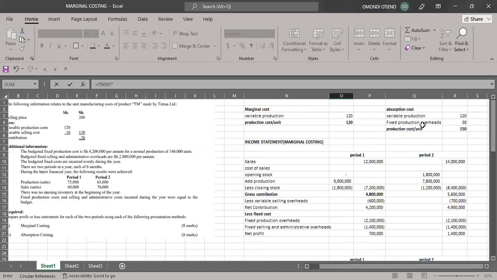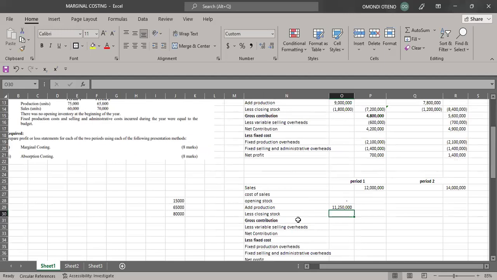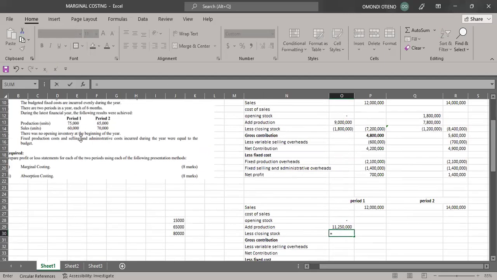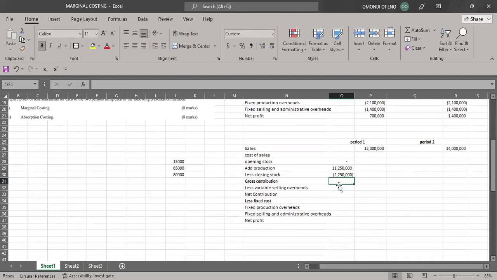Under absorption costing, production cost is 150. Then we less closing stock. No opening stock, production 75, sales 60, so closing stock is 15,000 units multiplied by 150.